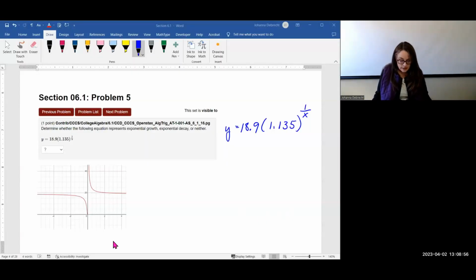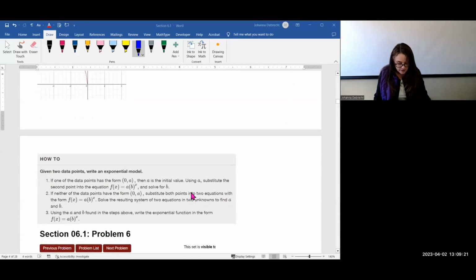Now what we can see is this graph right here. It almost looks like a rational function that's been shifted up. But notice that this one does not go down forever. So it's not even a rational function. It's just something different. But it clearly does not have a typical exponential shape.